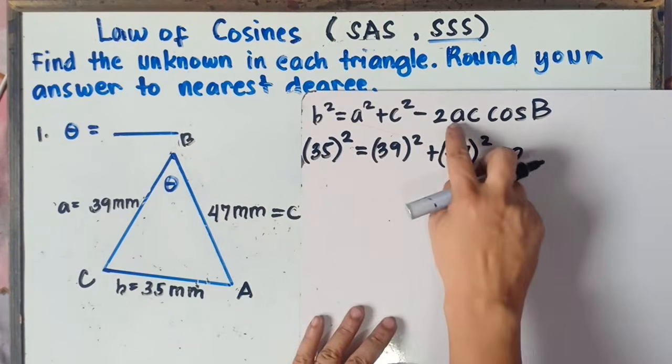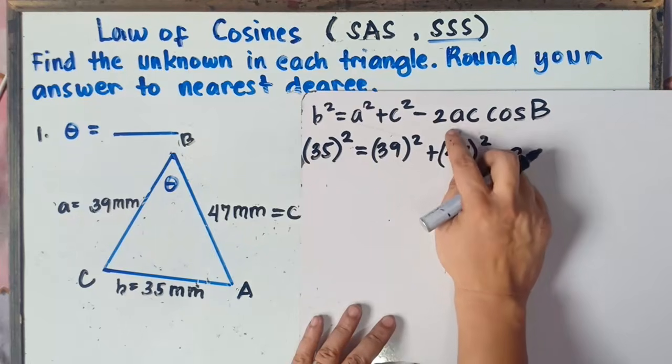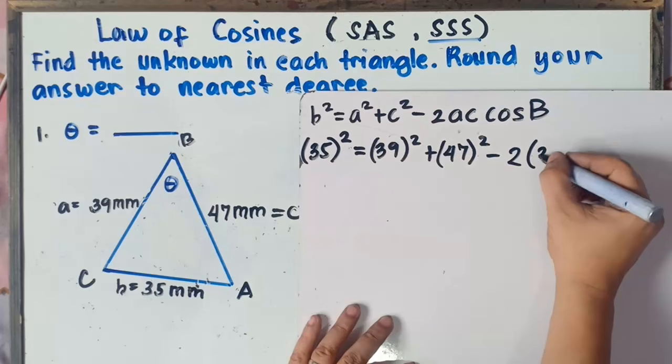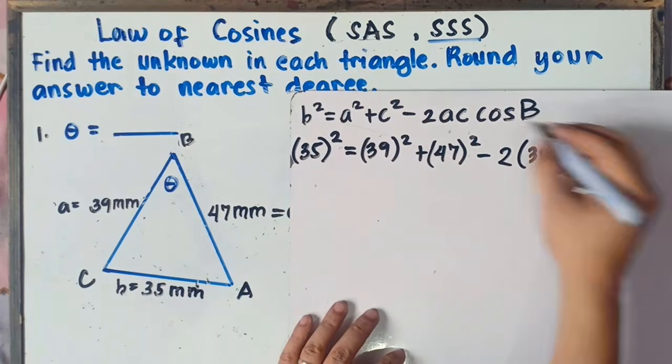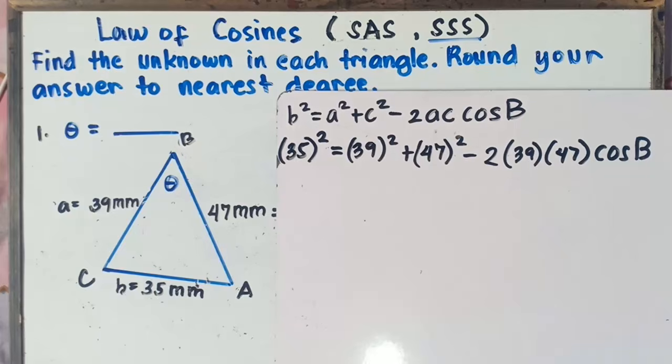If you have AC, the variables are close to each other, it means multiplication. So 2 times A, 39, times C, 47, and then copy cosine angle B. We don't have the value of angle B.